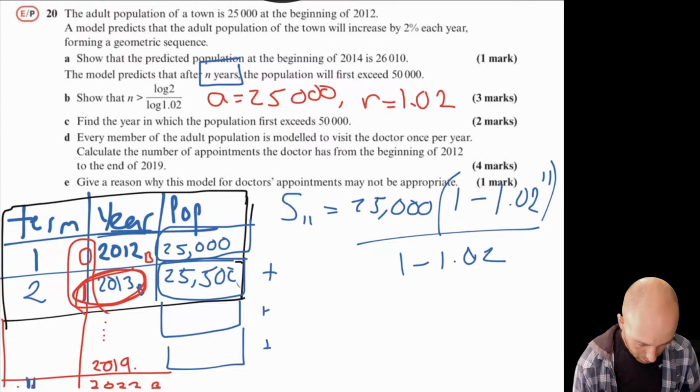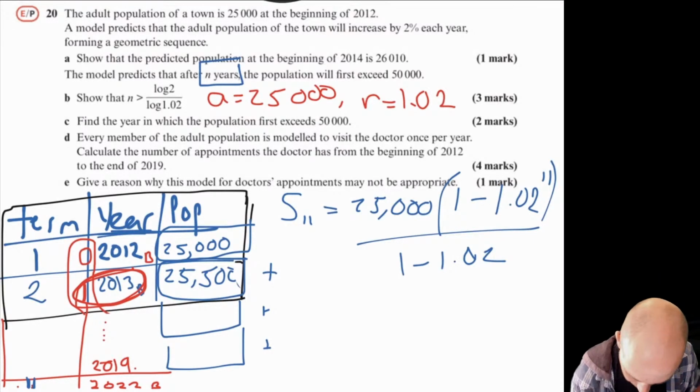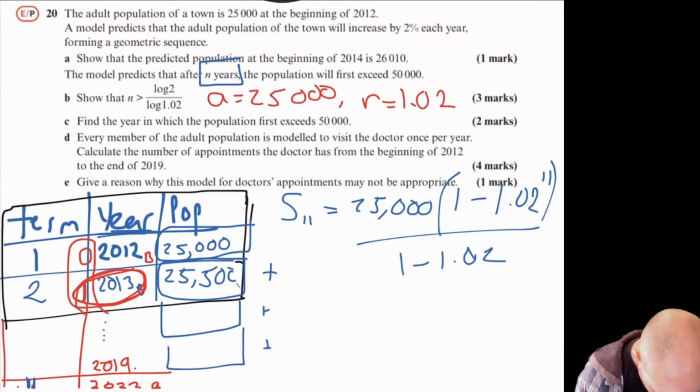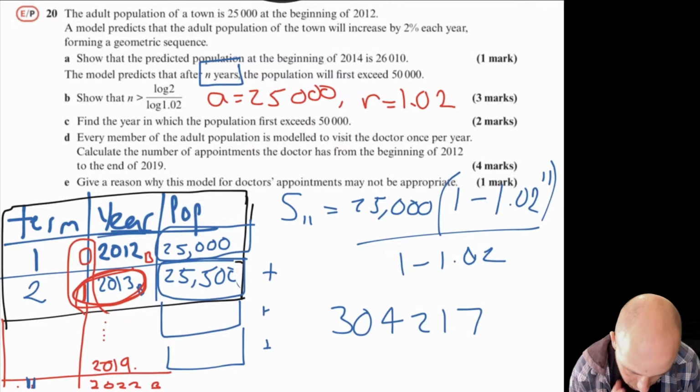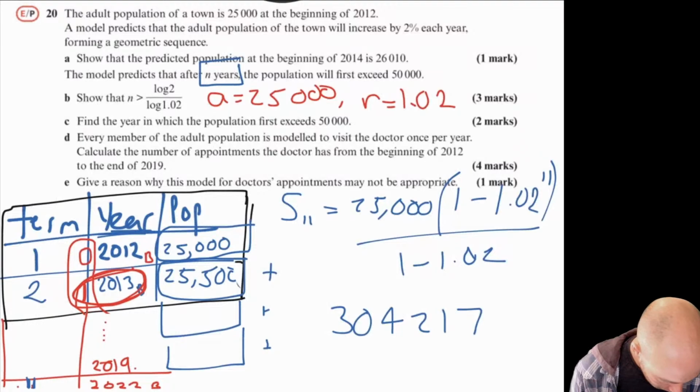Which gives me, I think this is right, 304,217. Probably should round up there. That's 0.88.